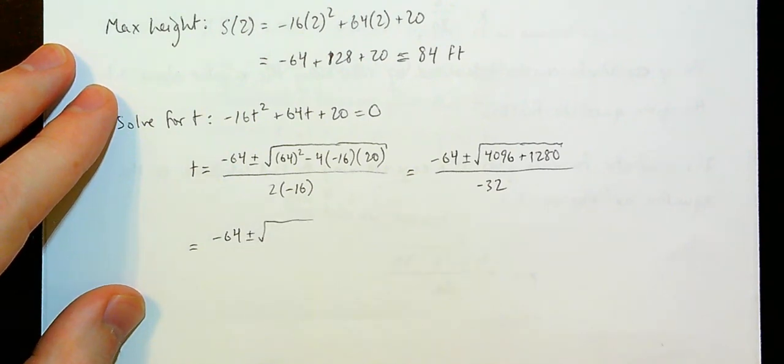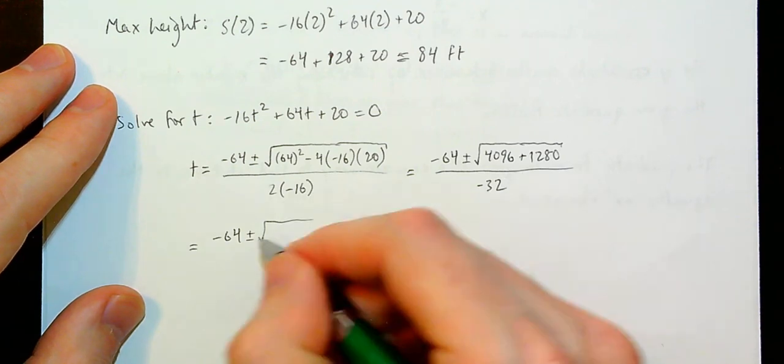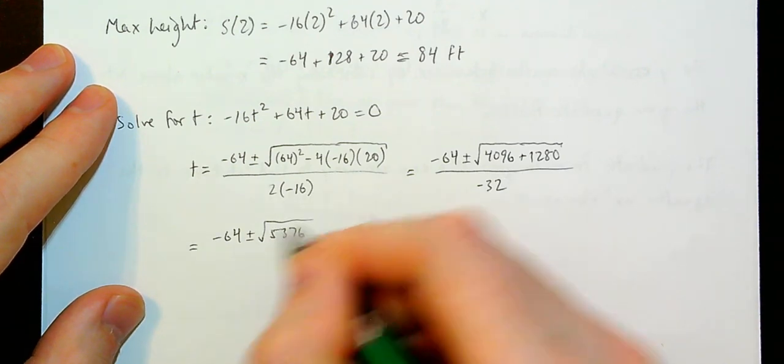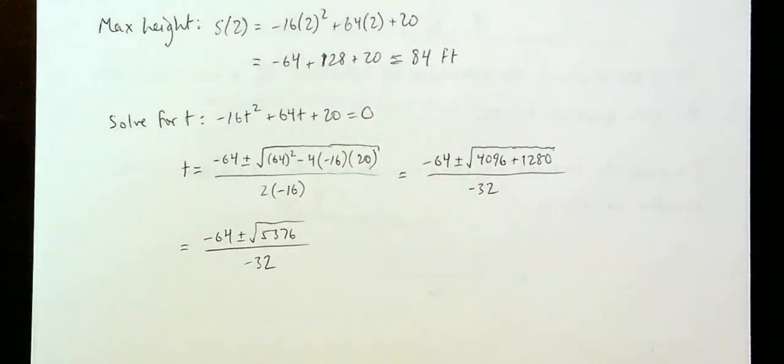And adding up the two numbers inside of the square root, we get 5,376. So this is where we're at right here, negative 64 plus or minus the square root of 5,376, all divided by negative 32.